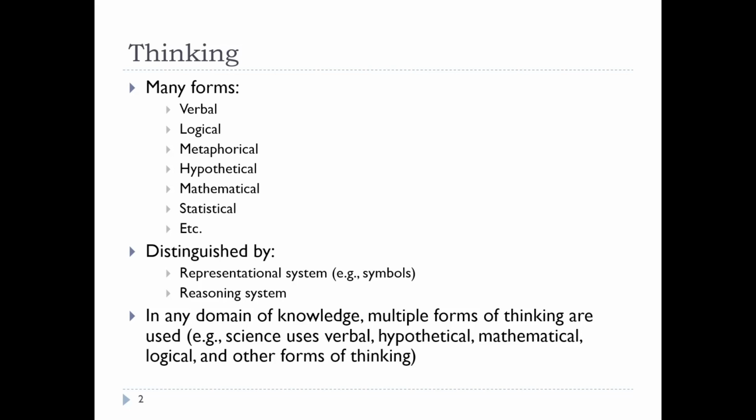Any domain has its own groupings of thinking that they use. And if you're going to write an English paper, you're probably not going to use a whole bunch of mathematical and logical components of thinking, but you are going to use maybe metaphorical and maybe hypothetical thinking. So it's important to understand that there are different components of different domains. Spatial thinking is one of those.